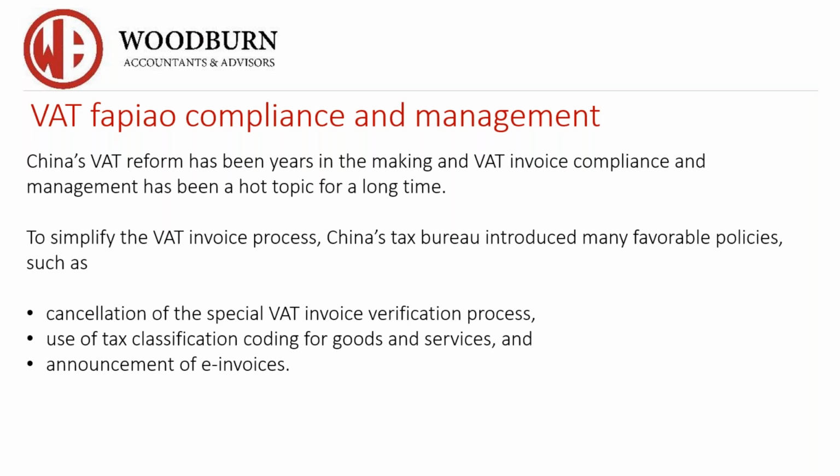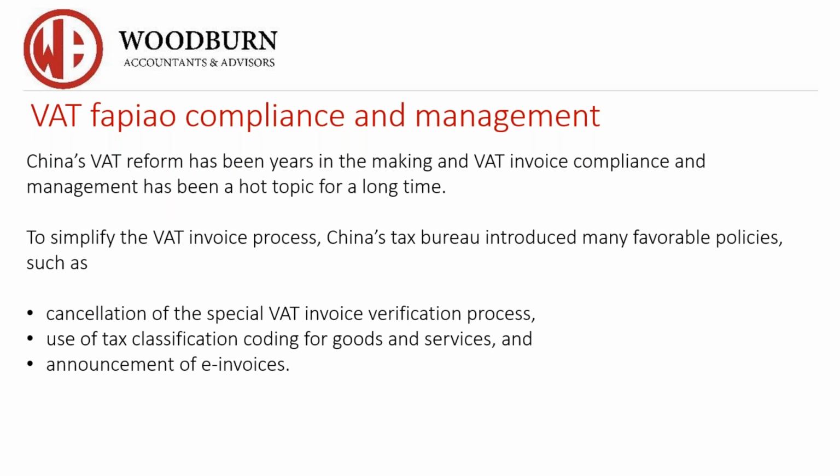It's not valid. If there is any information on that invoice that is wrong, it will not be seen as a real invoice by the tax bureau. So you do have the option of canceling that. That used to be a very lengthy process at the tax bureaus where you had to physically go there to cancel it, provide an explanation, and so on. And now they are simplifying that, where in some cases you can even do it online, okay?